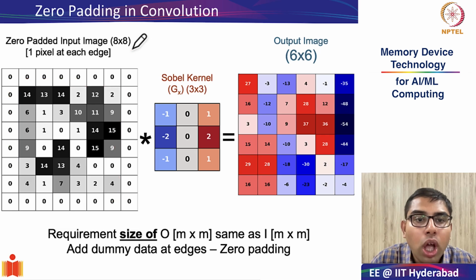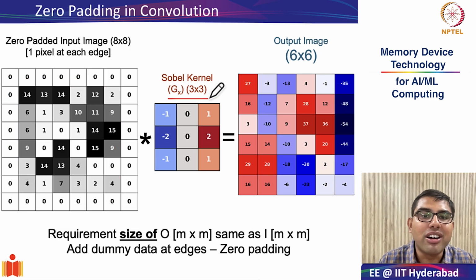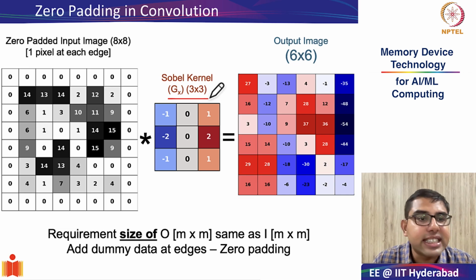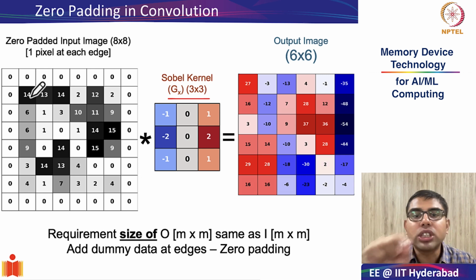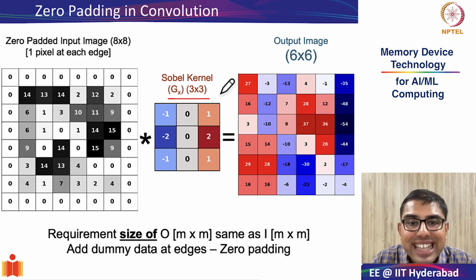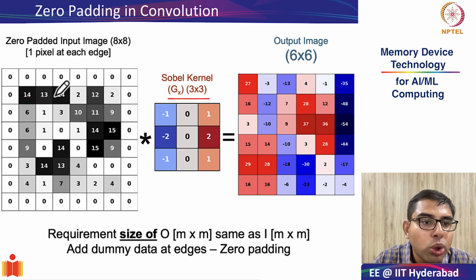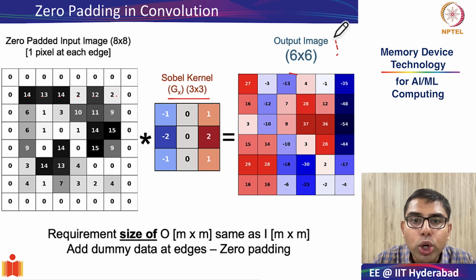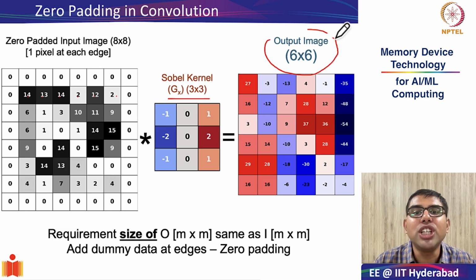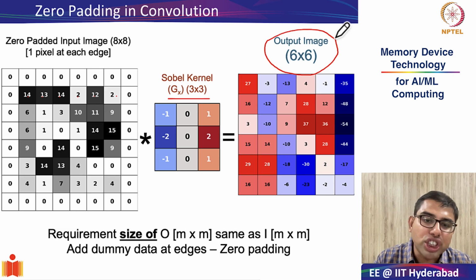When we do a convolution operation with your Sobel kernel, which was just 3 cross 3, we can easily see that the possible number of slides in both rows and columns is 6 each: 1, 2, 3, 4, 5 and 6. Therefore, by doing this zero padding, you are able to obtain an output image of dimensions 6 cross 6.